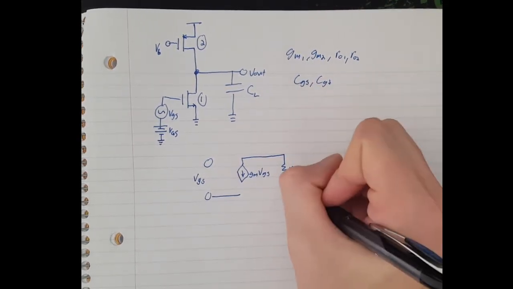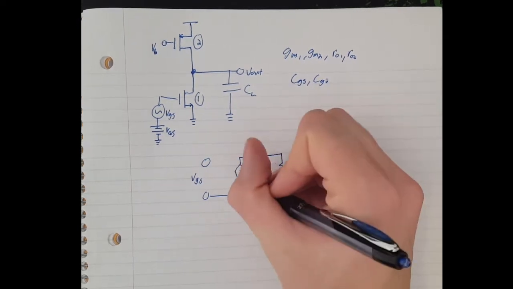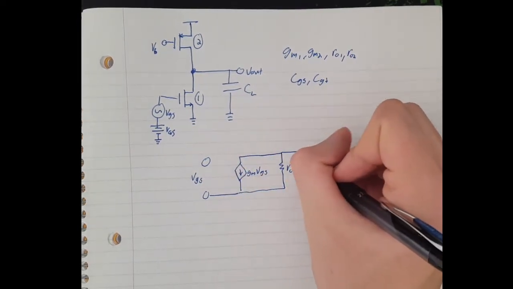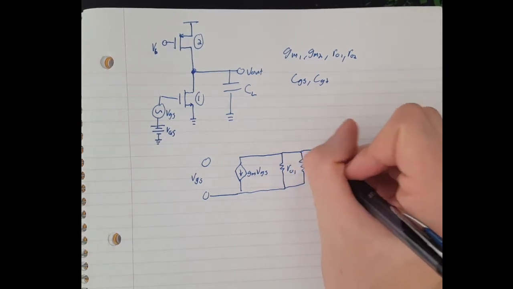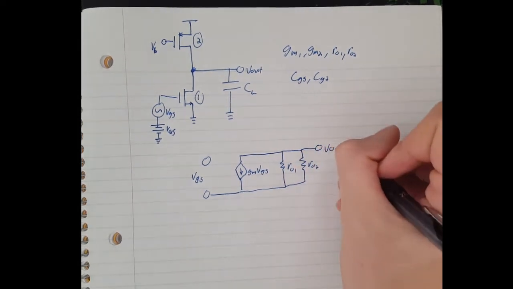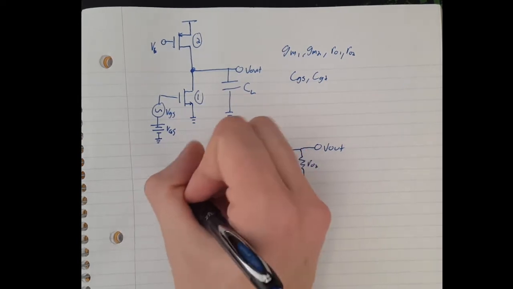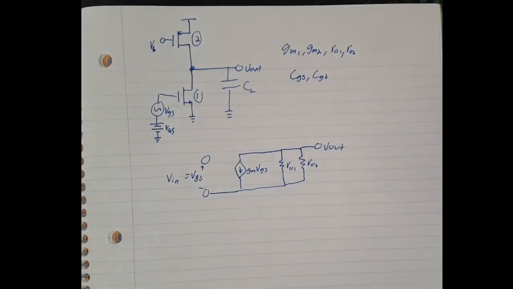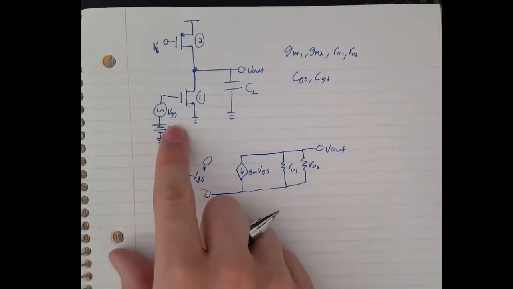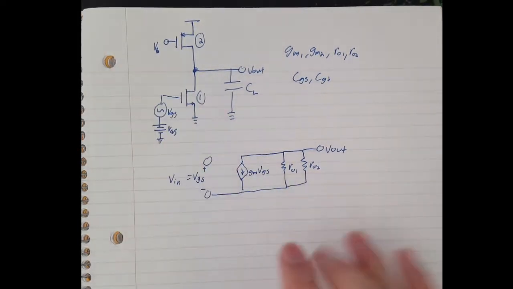We're going to have R01. We're going to have R02. This is V out. R01 comes from the NMOS, R02 comes from the PMOS.